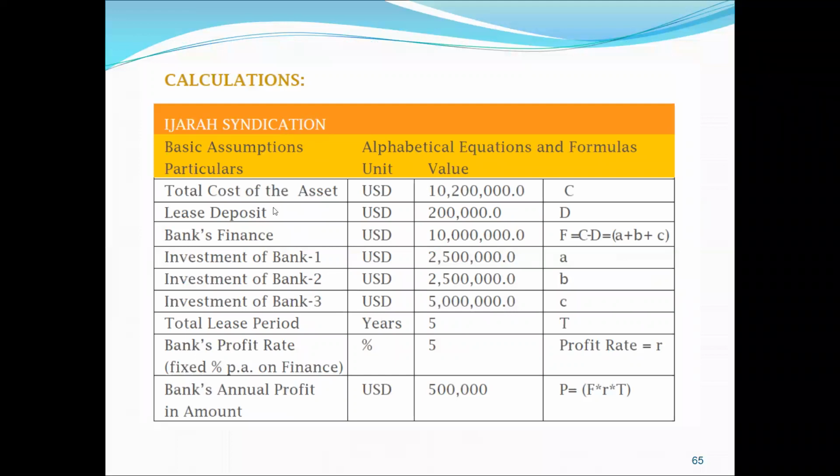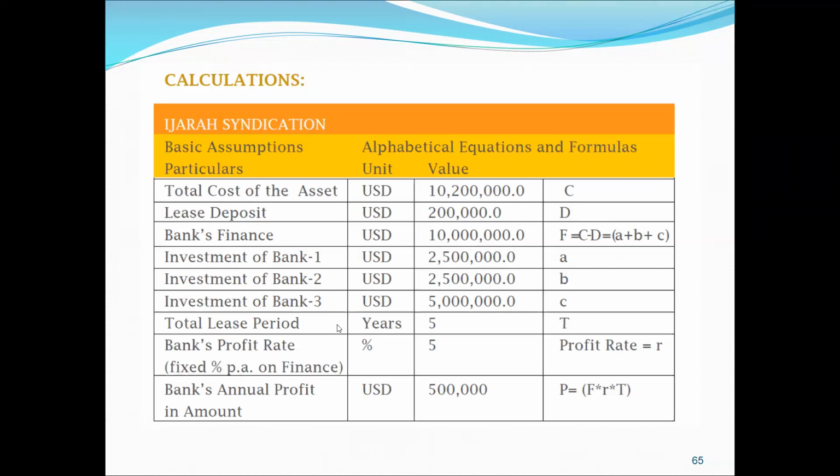With a calculation for ijara syndication, let's say the total cost of the asset is 10,200,000, and the lease deposit is 200,000. The bank's financing is 10 million. There are 3 investors involved: investment bank 1, investment bank 2, and investment bank 3, contributing 2.5, 2.5, and 5 million respectively.